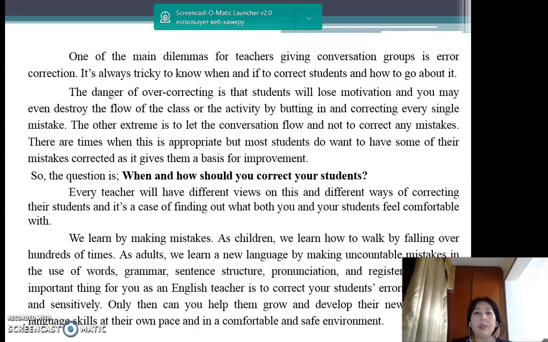As adults, we learn a new language by making uncountable mistakes in the use of words, grammar, sentence structure, pronunciation, and register. The most important thing for you as an English teacher is to correct your students' errors effectively and sensitively. Only then can you help them grow and develop their newly acquired language skills at their own pace and in a comfortable and safe environment.